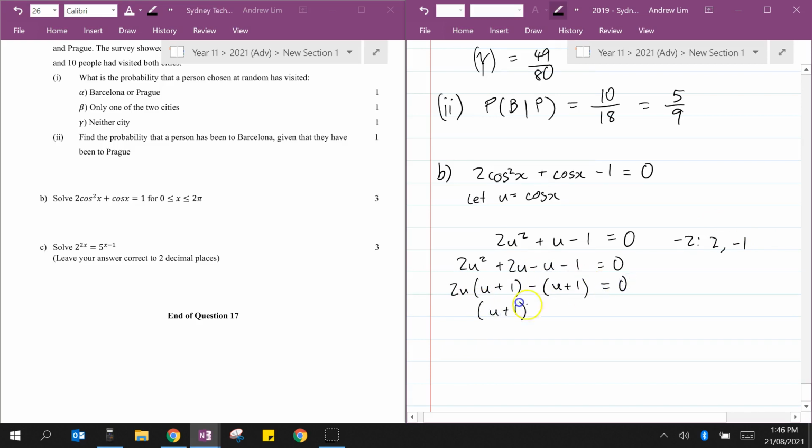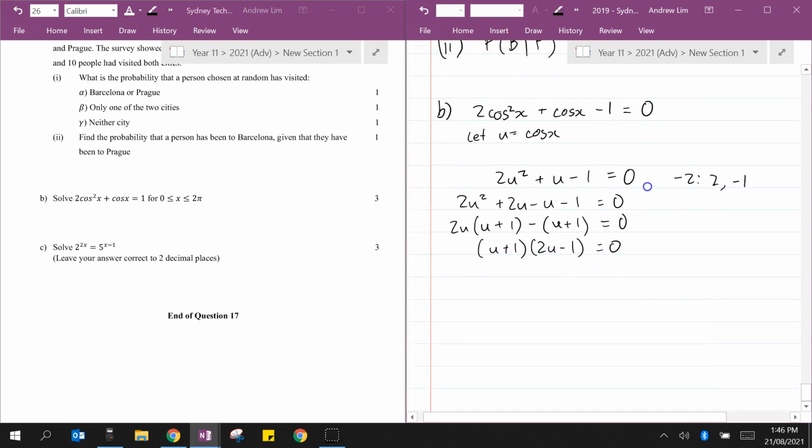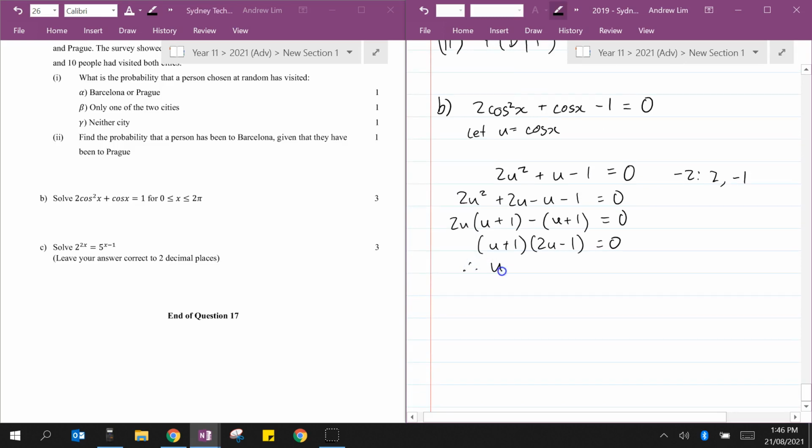That leaves me with u plus 1, 2u minus 1 is equal to 0. Therefore, u has to equal negative 1 or positive half. Well, u was cosine x, so cosine x has to equal negative 1, or cosine x has to equal positive half.